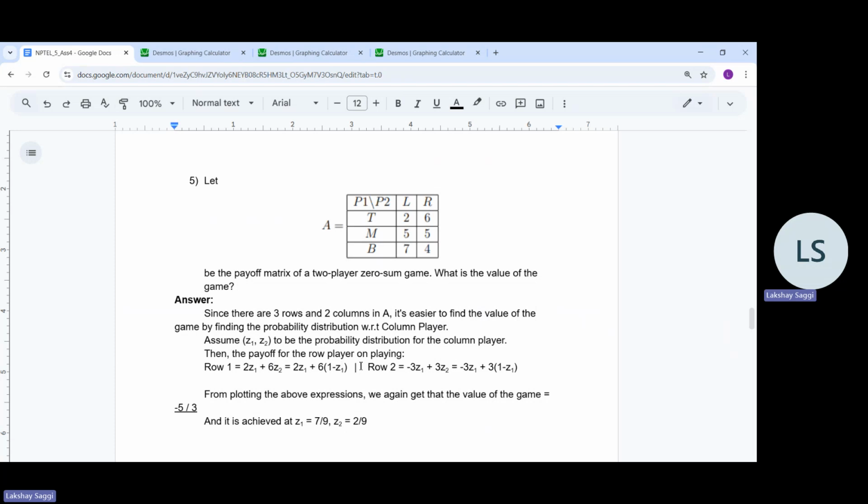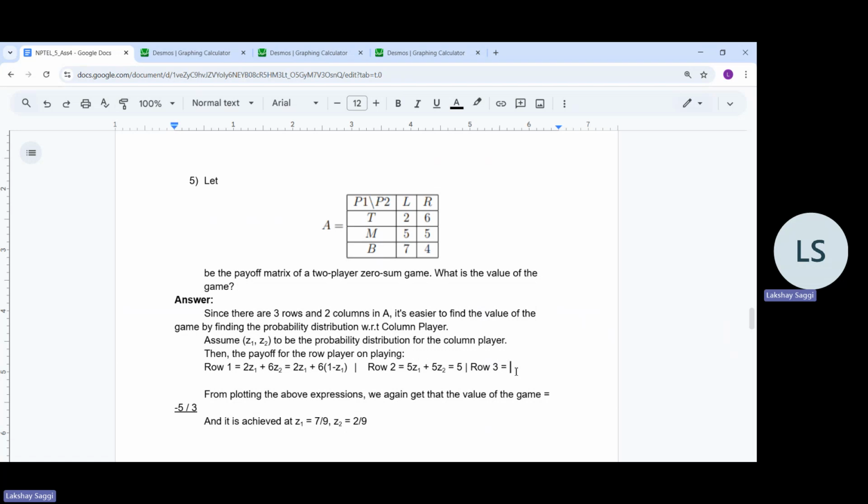Similarly, if the row player plays row 2, it will be 5 times Z1 plus 5 times Z2. Note that this is just a constant: it equals 5 because Z1 plus Z2 is 1.